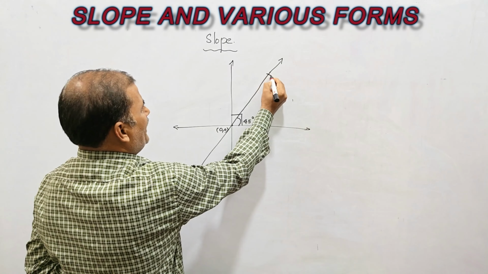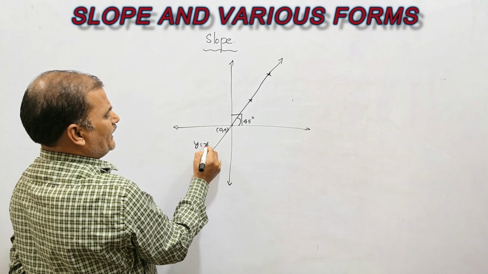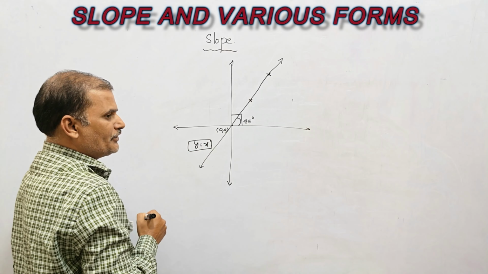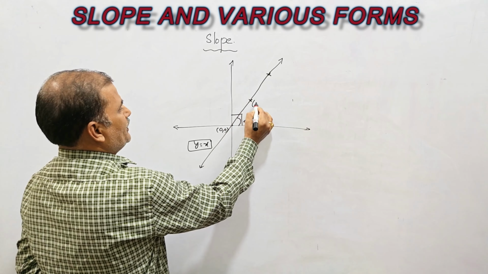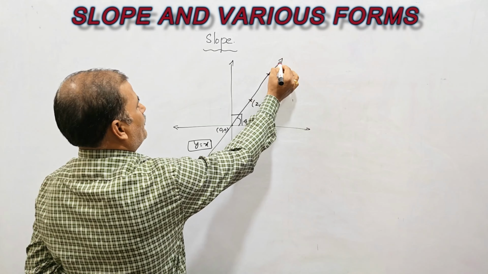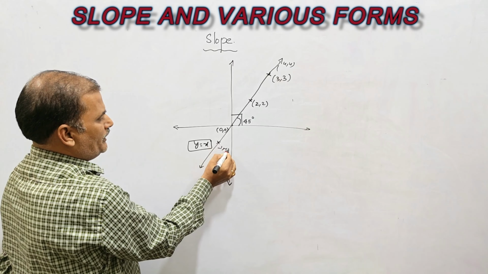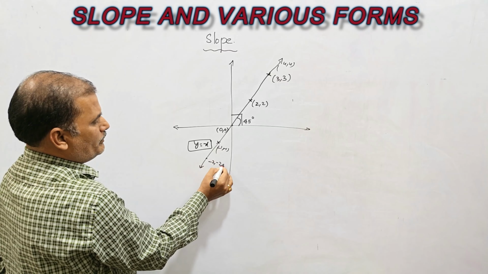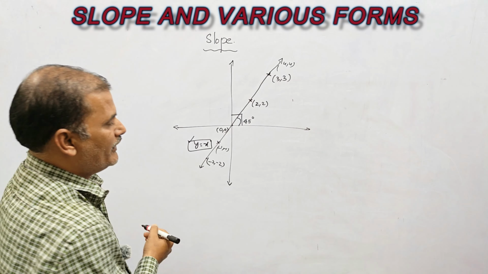If you take any 2 points on the line, this is called the y is equal to x line, because it passes through the origin. That means x comma y are always the same: 3 comma 3 or 4 comma 4, and in the negative way also minus 1 comma minus 1, minus 2 comma minus 2. Because on the line y is equal to x, if you take an x value, we have to take the same y.